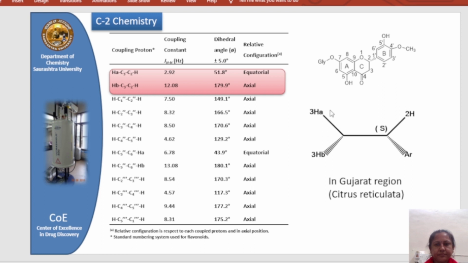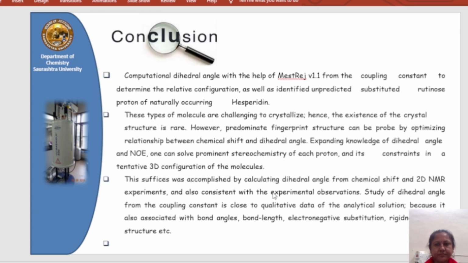Here, on one side is H and on the other side is the aromatic ring system, and on the second side there is also H and the aromatic ring system. From that we generally find that the aromatic ring, as a bulky group, is at the equatorial position, and 3H is also at an equatorial position. So we find this relation in the case of hesperidine.